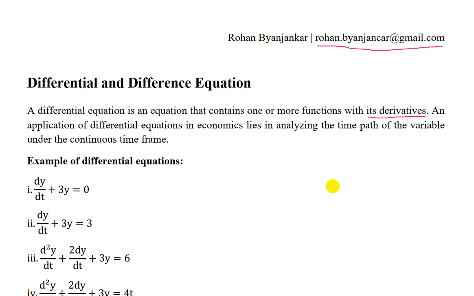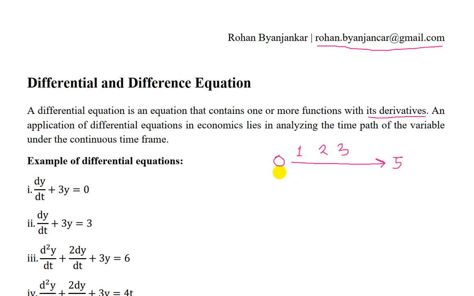Basically we use the differential equation in economics to analyze the time path of variables under the continuous time frame. It means that if we want to analyze the time path of a variable from 0 year to 5 years on a continuous basis, we will not take year 1, year 2, year 3.